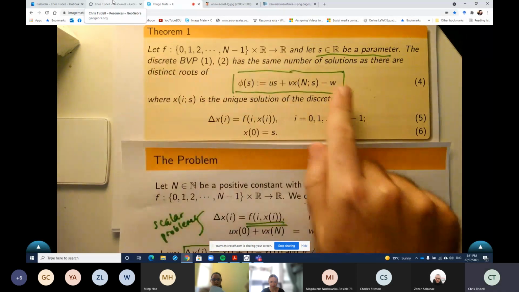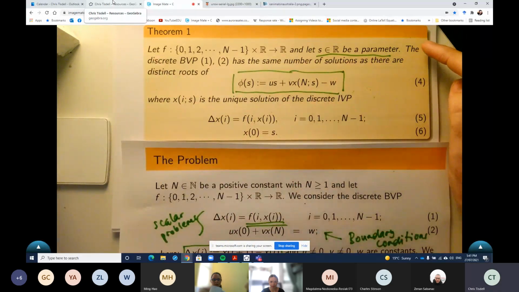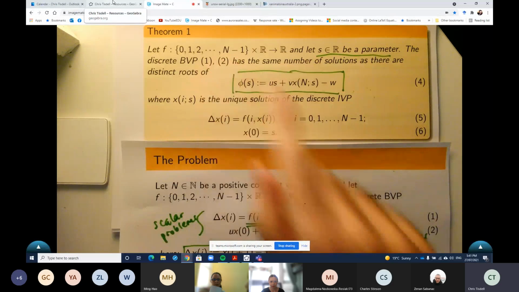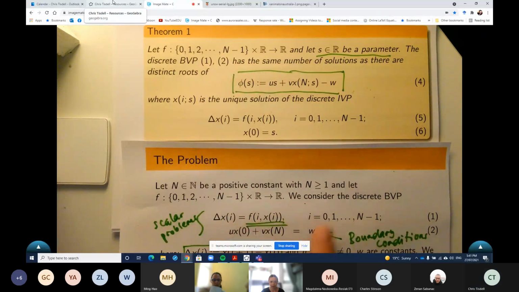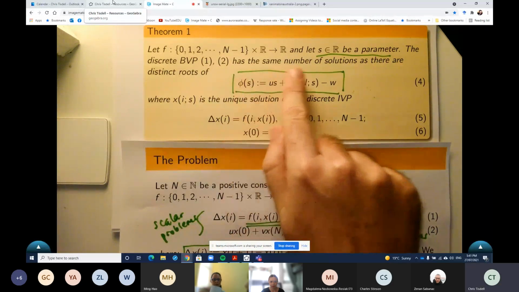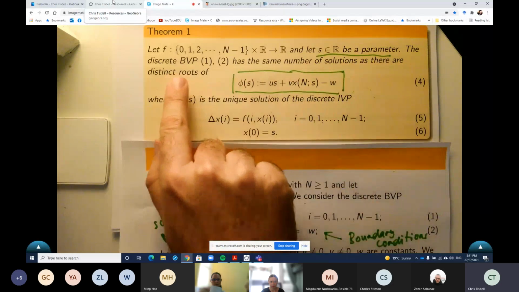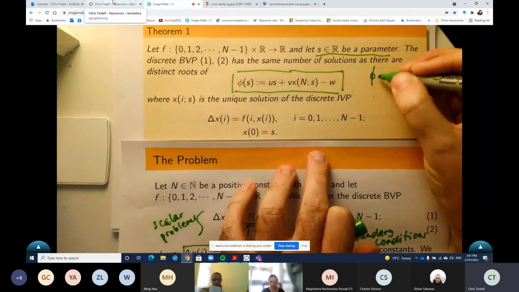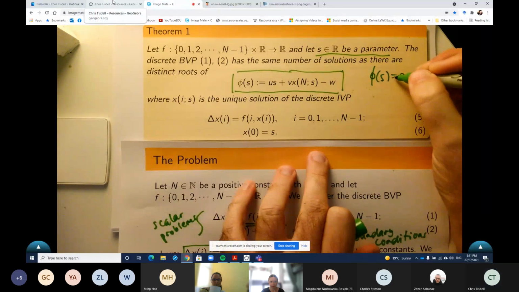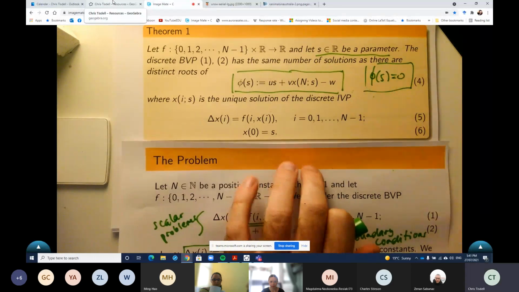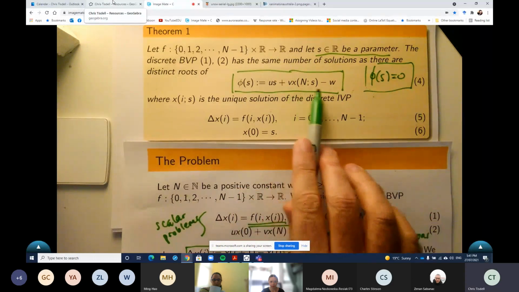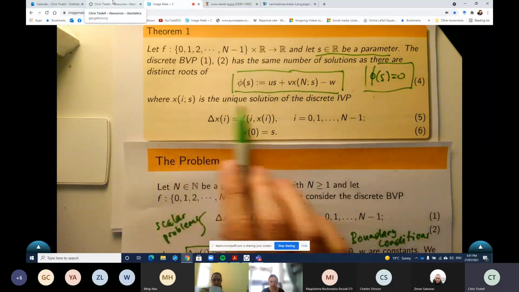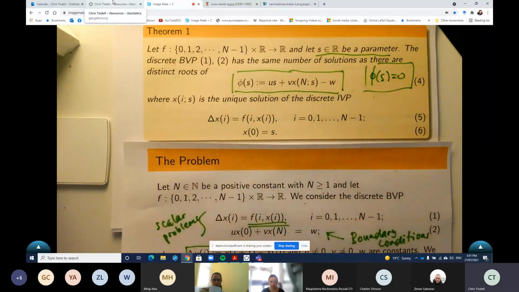Suppose f is a real valued function, s is a parameter. The discrete boundary value problem here has the same number of solutions as there are distinct roots of this problem. So in other words, we're solving this equation here, where, well, what is this x thing? This is just the unique solution of the initial value problem.